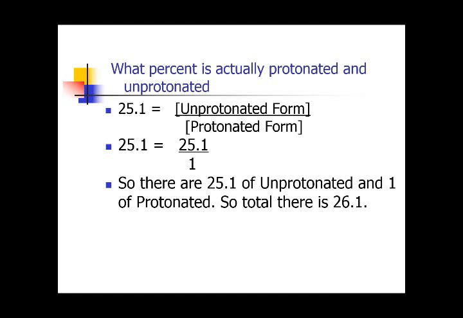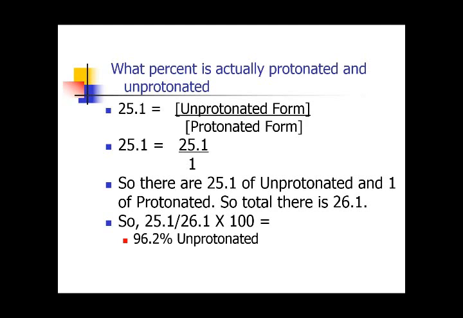So there's a total of 26.1 molecules in the whole slurry of things, and 25.1 of those is the unprotonated form. So 25.1 over 26.1 times 100 equals 96.2% unprotonated and 3.8% protonated. That's it.